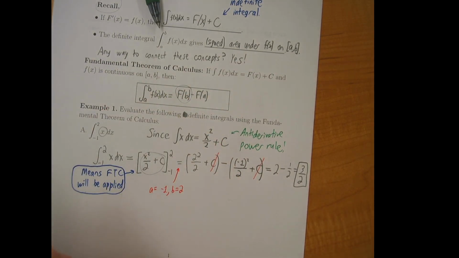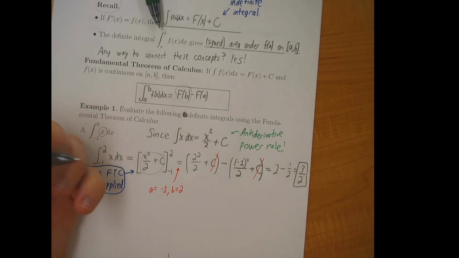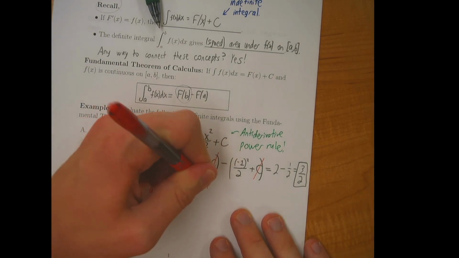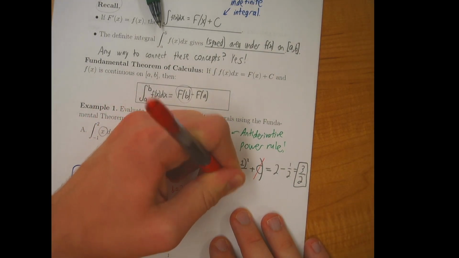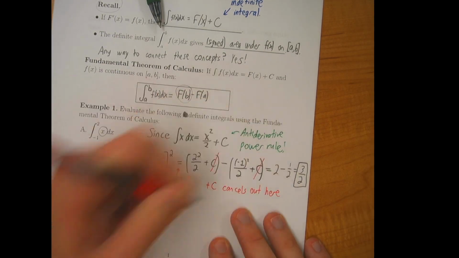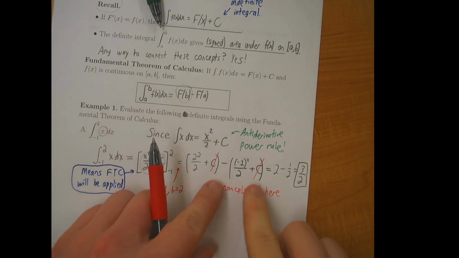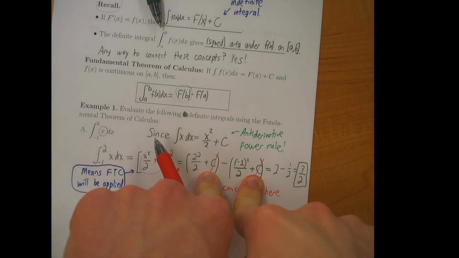So one thing to keep in mind with these types of problems is that, as I mentioned already, you notice that the plus c already went away. So plus c cancels out here. And you realize that no matter what antiderivative or fundamental theorem of calculus application you utilize, the plus c will always go away.